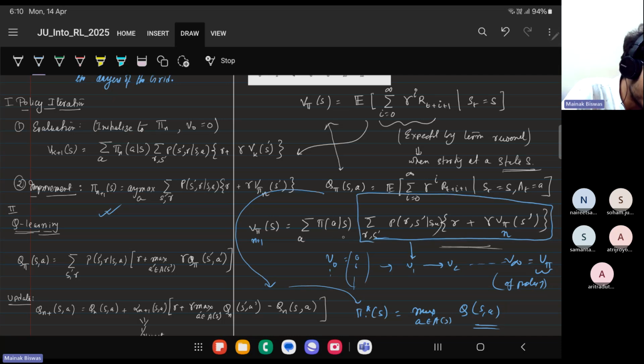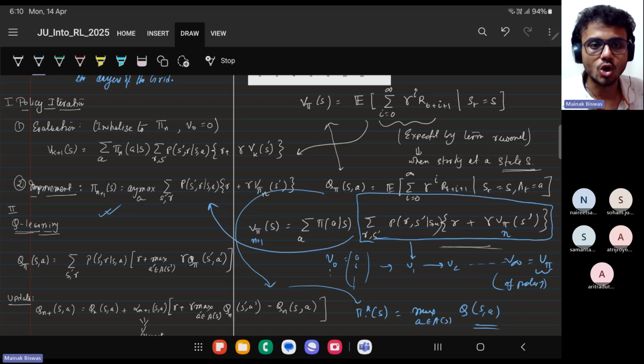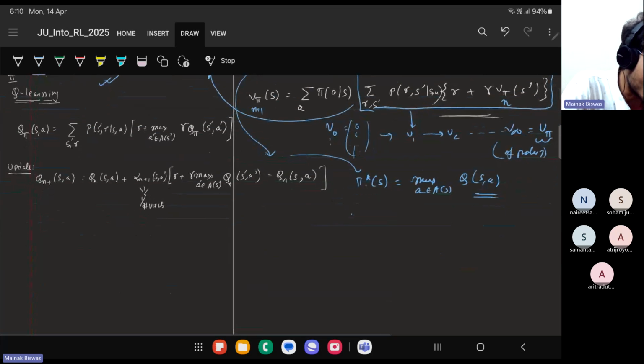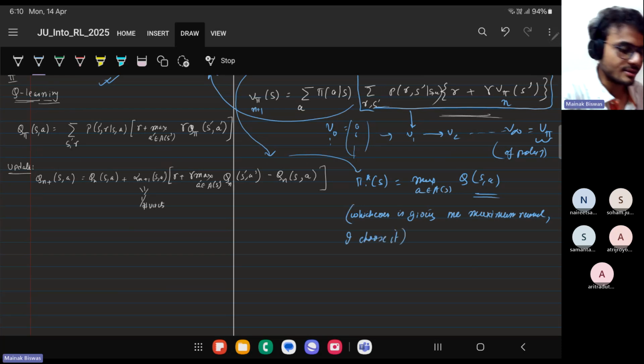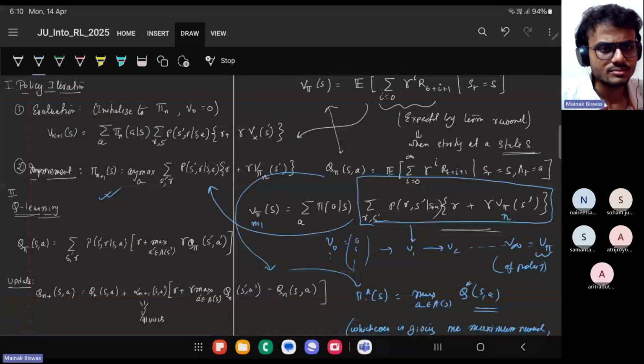You just check for every action, whichever action is giving you the maximum reward, and you say that at a particular state I will only choose that action. Fine. So this is how we found the equation.